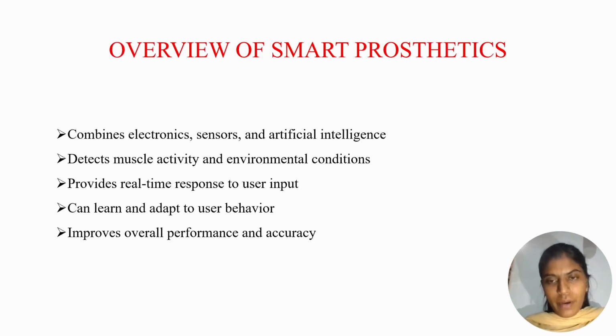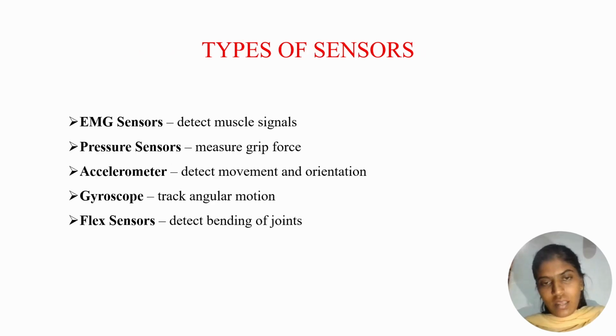Overview of smart prosthetics: combine electronic sensors and artificial intelligence, detect muscle activity and environmental conditions, and provide real-time response to user input. It continuously measures and gives real-time response. It can learn and adapt to user behavior, improving overall performance and accuracy.